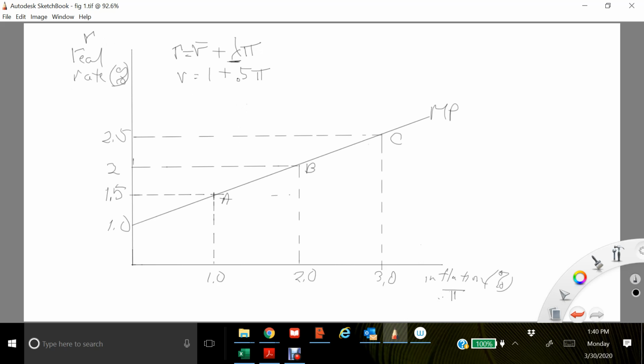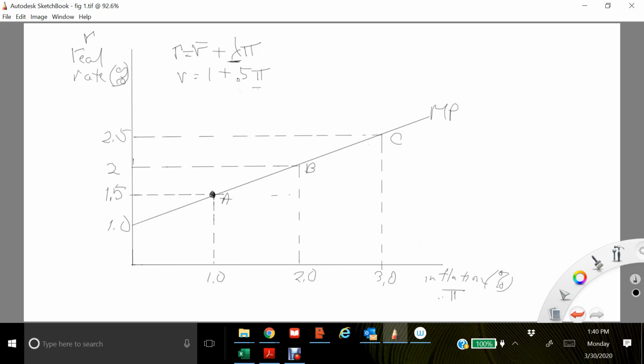So for example, when pi equals 1, we would get the real rate equals a half plus 1, or 1.5. That gives us point A.